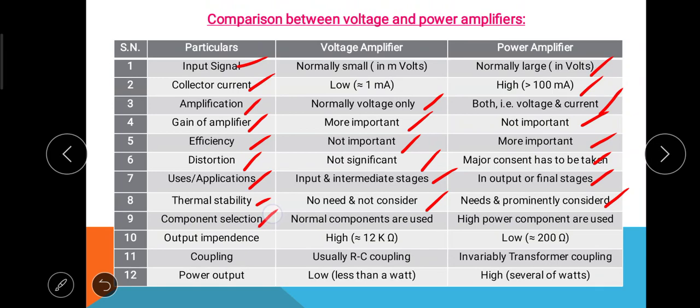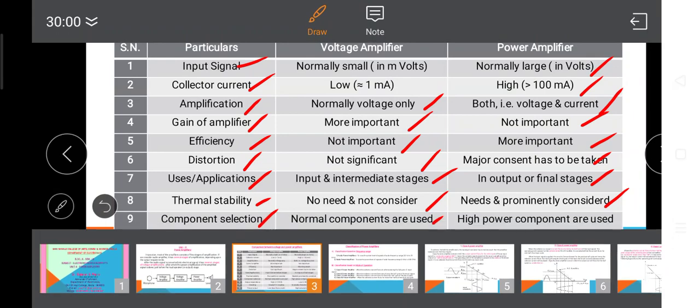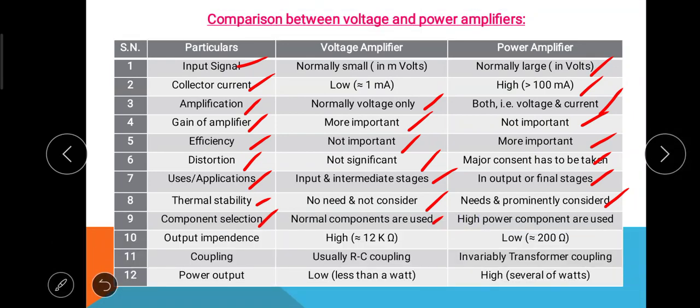If we talk about component selection, then in voltage amplifiers the normal components are used. I mean to say, the rating of components is in the normal range. But in case of power amplifiers, as higher voltage and high current flow through the components, it needs high power components.